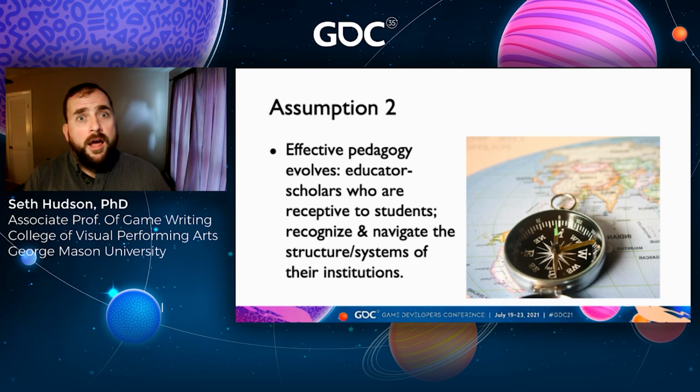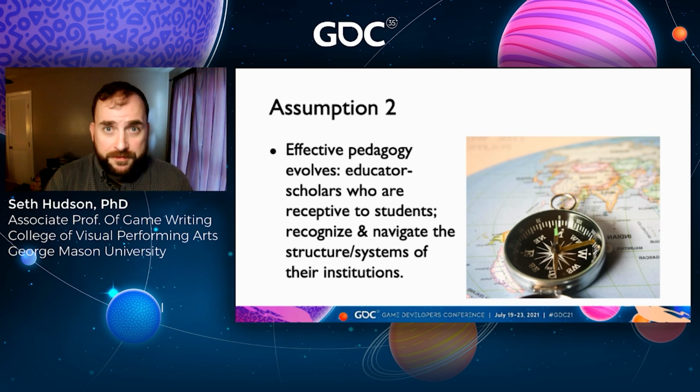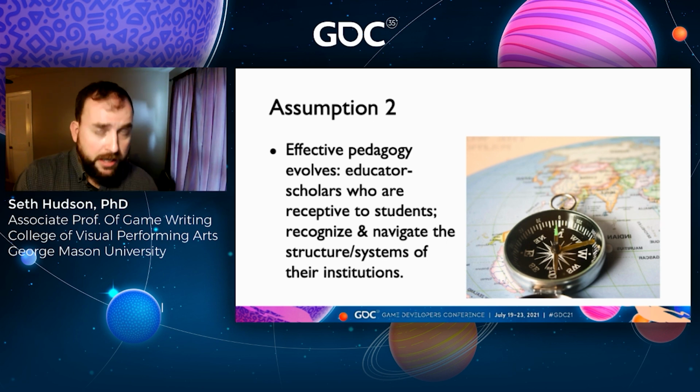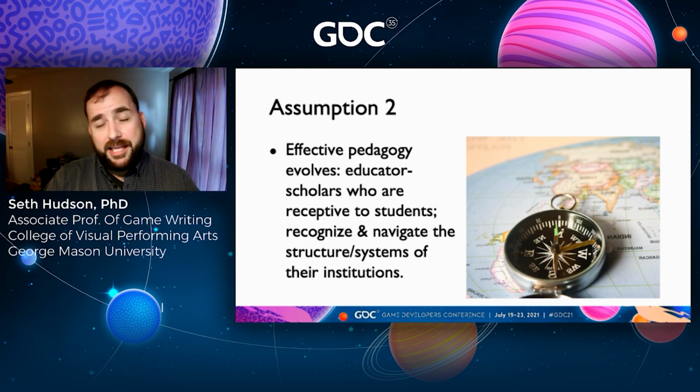Assumption two, effective pedagogy evolves. After a while, you may find yourself teaching the same class over and over again. For me, that's been Game 332, Story Design for Computer Games. I've taught the course since 2010. Didn't really know what to do when I started, changed it up every semester, still do, right?